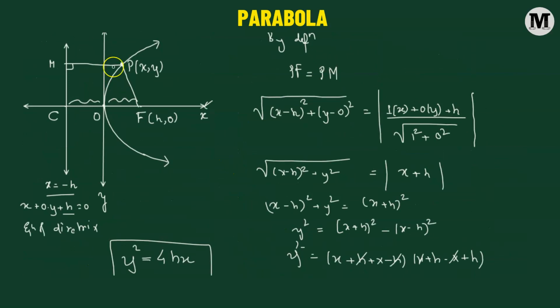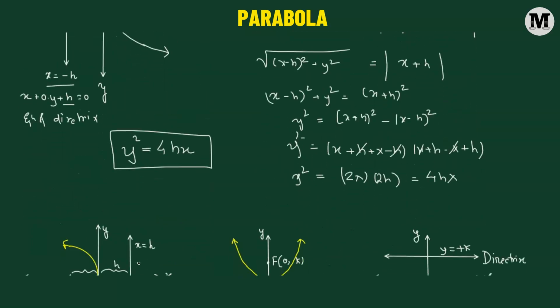So this is the derivation for finding the standard form of the equation of a parabola. We've got that it was y squared equals 4hx. Now let's consider this particular parabola. Let's say we have a parabola with the equation y squared equals 12x. Our goal will be to find the coordinates of the focus.